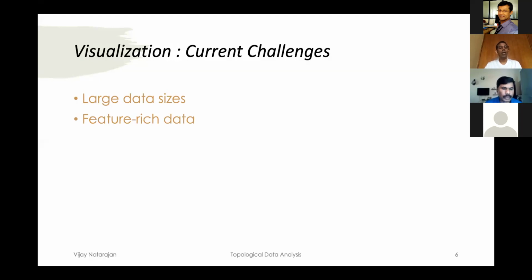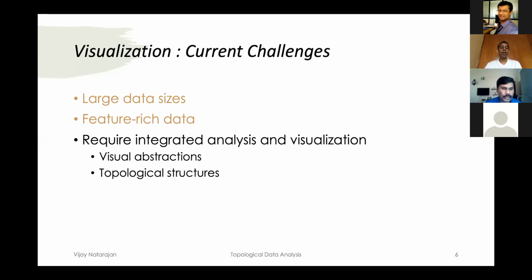So how do we design new techniques so that we can visualize feature-rich data? This requires us to integrate data analysis. By data analysis, I mean classic data analysis techniques, modern data analysis techniques, including machine learning, deep learning, and so on, together with visualization, in order to help us understand patterns in our data.